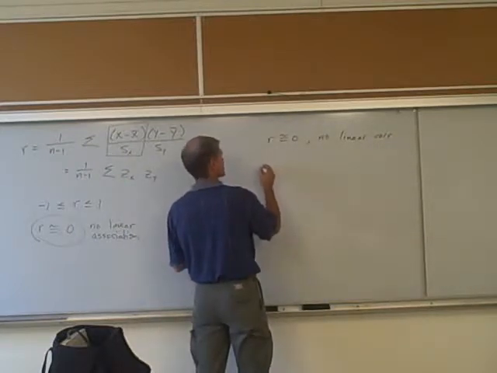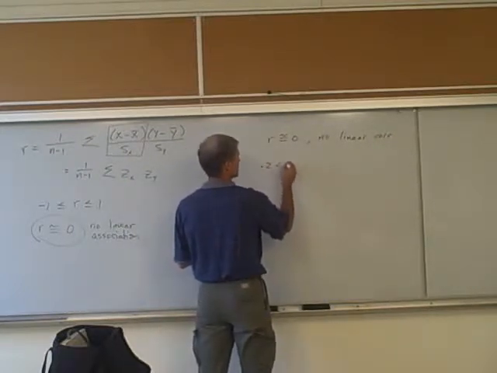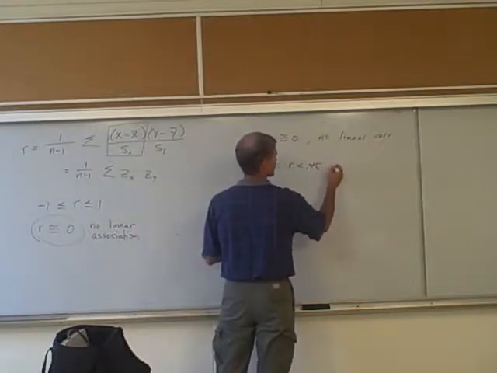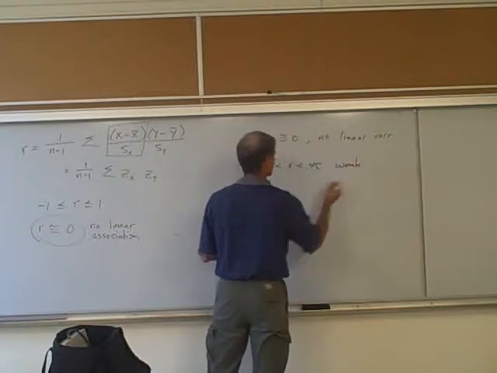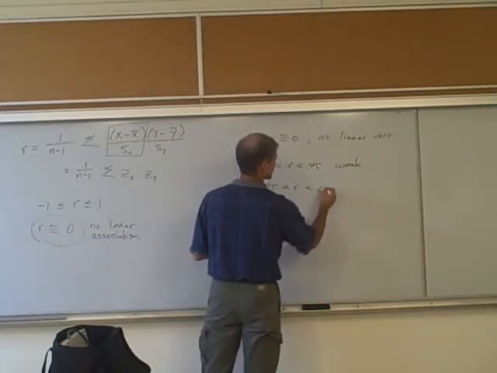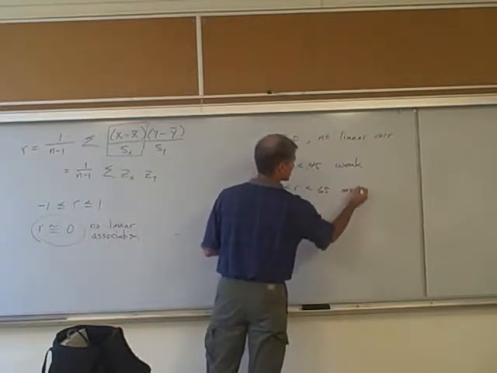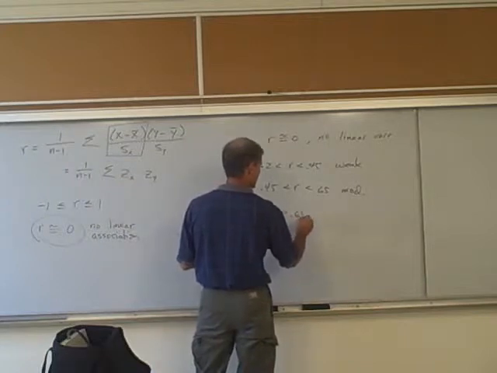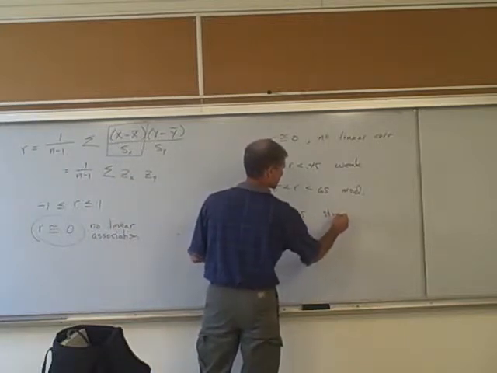If R is, say, between 0.2 and 0.45, we call it weak. If it's between 0.45 and 0.65, I call it moderate. And if it's greater than 0.65, we call it strong.